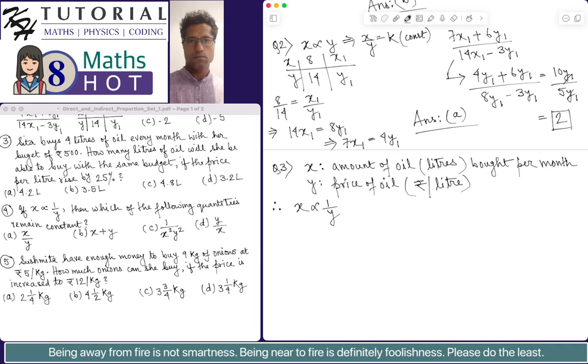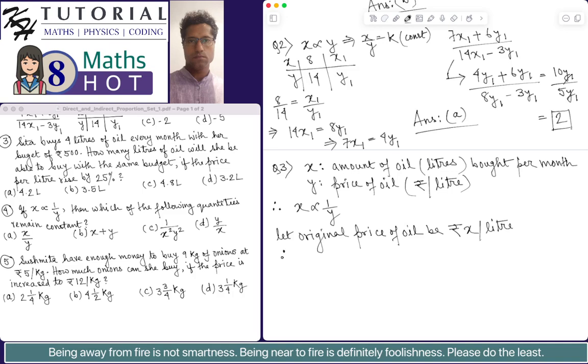So we have to assume the price of oil as an unknown variable, and this variable we need not solve for, it will eventually get cancelled out. So let the original price of oil be rupees X per liter.